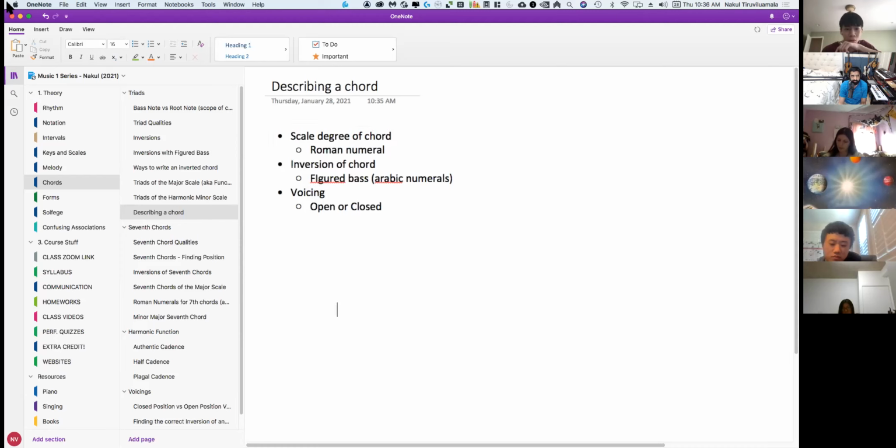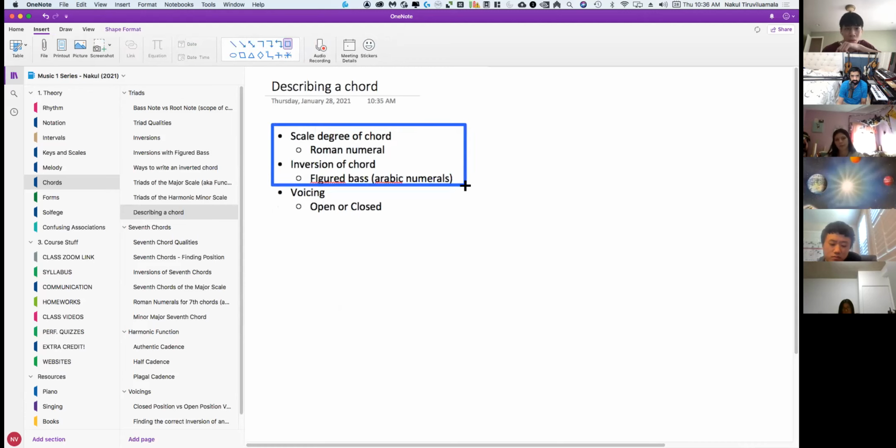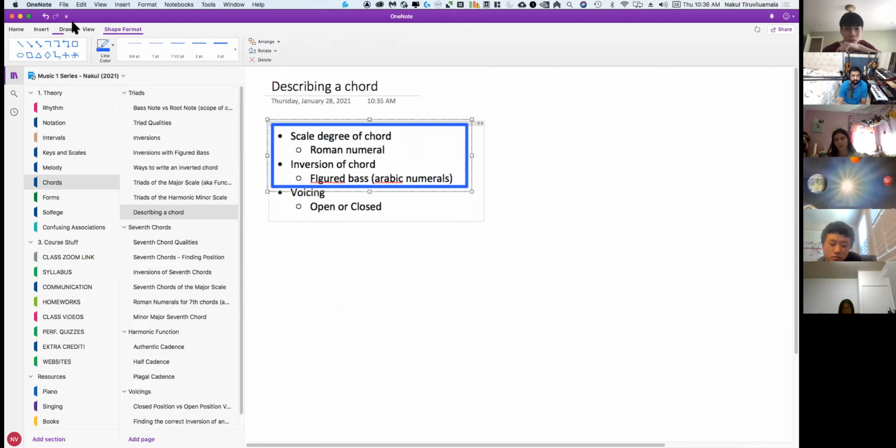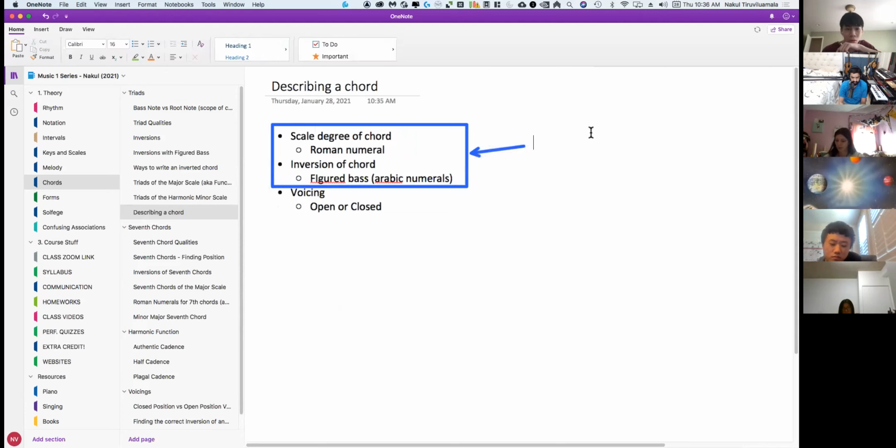Now, here's the thing. When we're actually using Roman numeral analysis, these 2 things right here encapsulate Roman numeral analysis. So Roman numeral analysis is concerned with these 2 things. Okay. So if we're thinking about Roman numeral analysis, for instance, this is what we're dealing with.